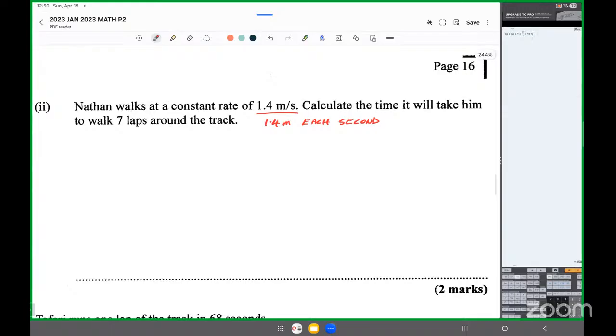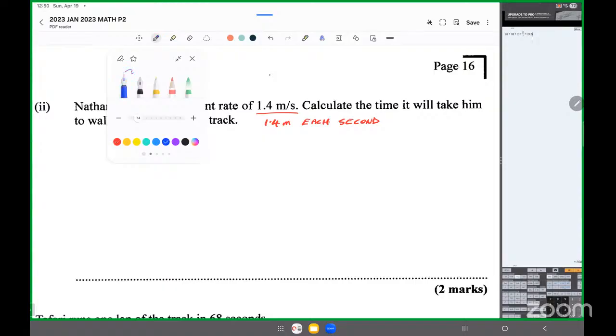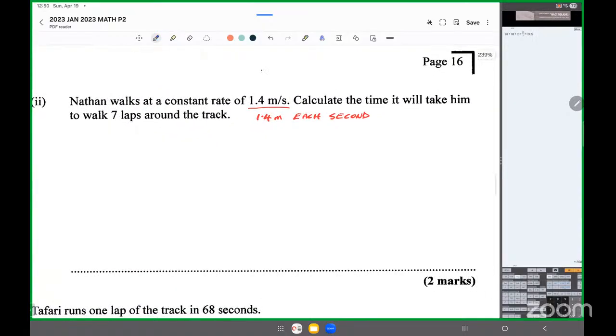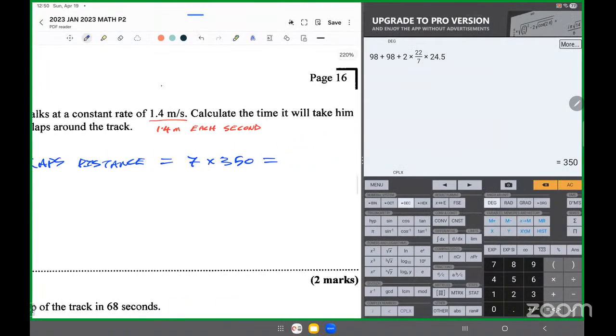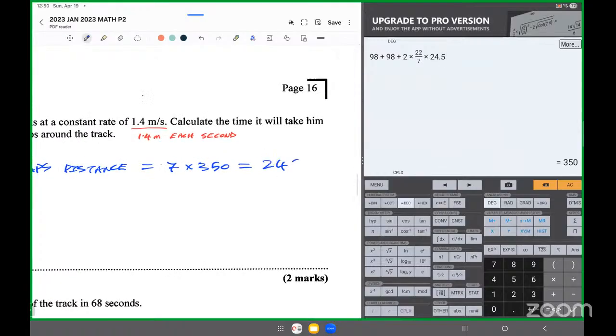It says calculate the time taken to do 7 laps. So I want to know what the distance is for 7 laps. 7 laps distance is 7 times 350, which is 2,450 meters.